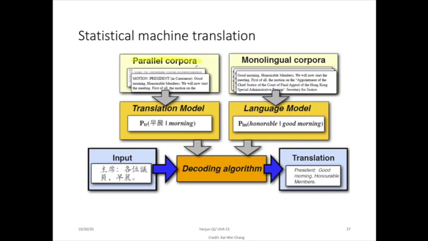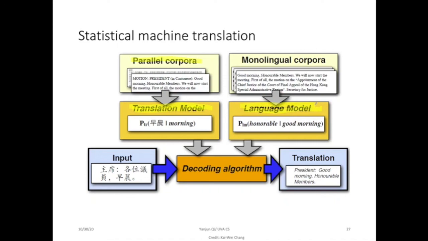You have very good pairwise corpora that are translations of each other. You use it to get a translation model. So this is called a translation module. At the same time, there's another very important module in NLP, called a language model.